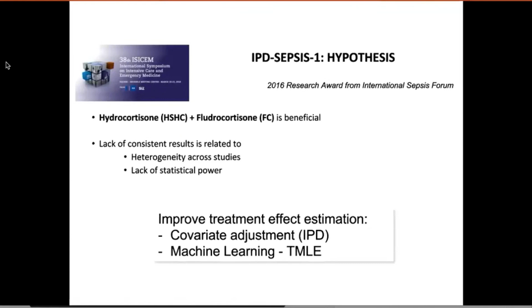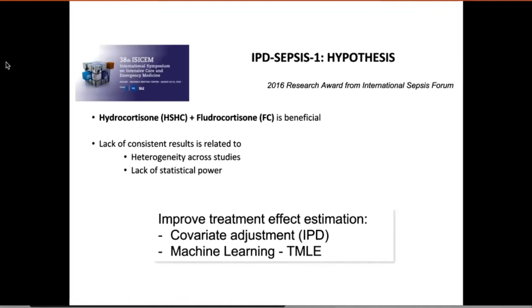But our assumption, or our hypothesis, I should say here, was that there was probably too much heterogeneity across trials, and a lack of statistical power to be able to show any significant benefit when combining these different trials using standard meta-analysis.